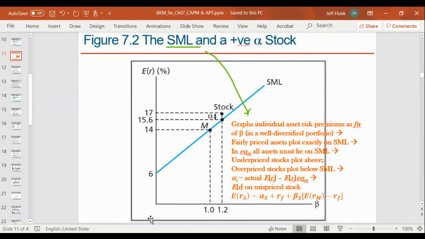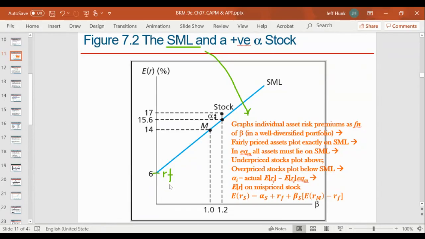The idea is, now in this graph, the vertical axis is the expected return, not the excess return, right? Which means it starts from the risk-free return, right? The vertical intercept is the risk-free return.